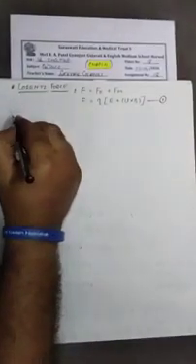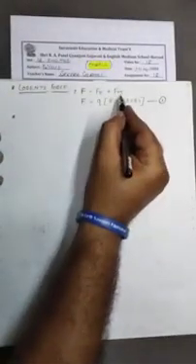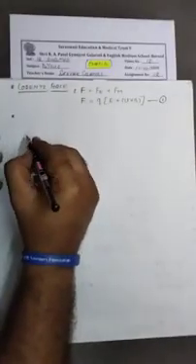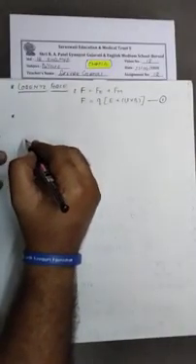Now let us see our topic, which is there on page number 135, and the name of the topic is magnetic force on current carrying conductor. So from here you have to take the equation of magnetic force only.